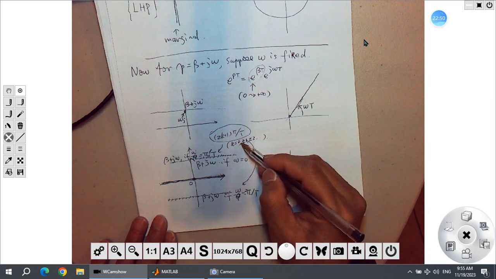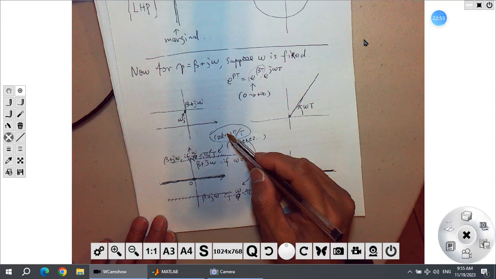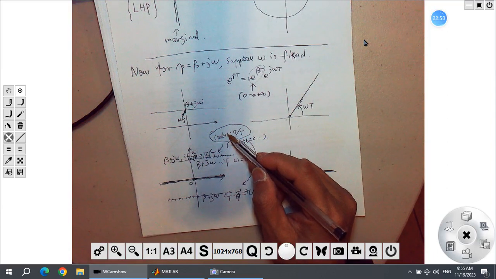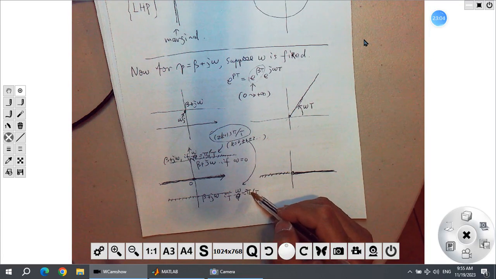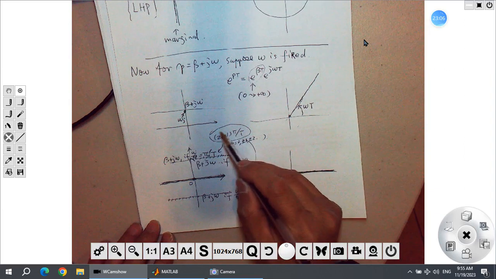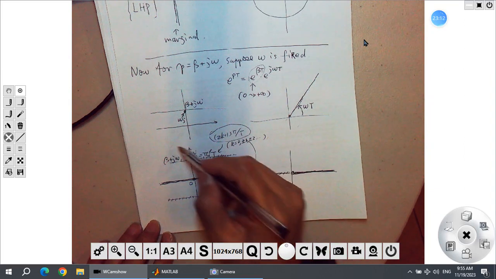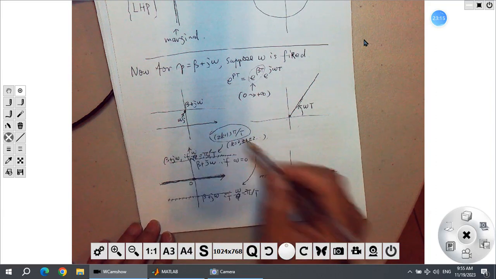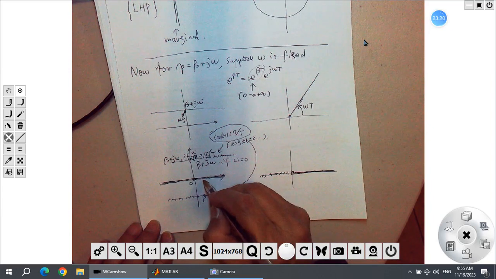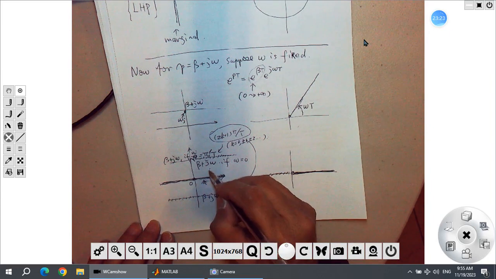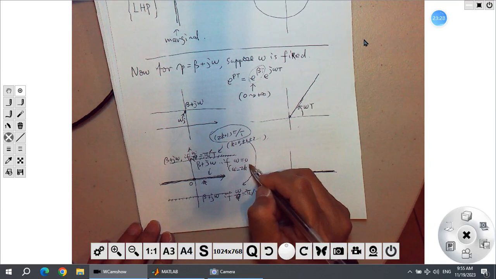If k is 0, it is just this one. If k is negative 1, this is negative 2 plus 1, which is negative 1, so it's negative pi over T. All of these give you straight lines, and every such straight line will go to it. And this one is omega equal to 0, or omega equal to 2k times pi over T.